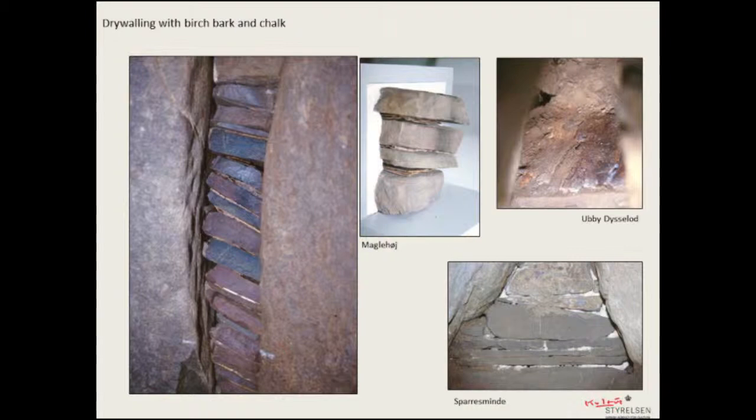The term drywalling is, however, misleading because either clay, chalk mass, or birch bark was employed between the flags. When birch bark was used, a piece of folded birch bark with the fold facing in towards the chamber was placed between the flagstones. And this drywalling is, according to Luc's paper yesterday, both filling and facade.